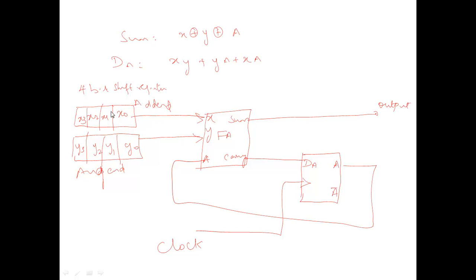Okay, so we are using two 4-bit shift registers for storing the addend and augend, which are directly given to the X and Y input of the full adder. Carry input of the full adder is your A, which is the output of your D flip-flop, and the full adder is going to compute the sum, which is the direct output, and carry, which is the input to the D flip-flop, because DA is nothing but XY plus YA plus XA, which is the carry of the full adder.